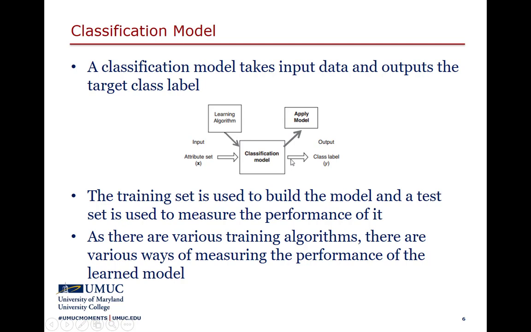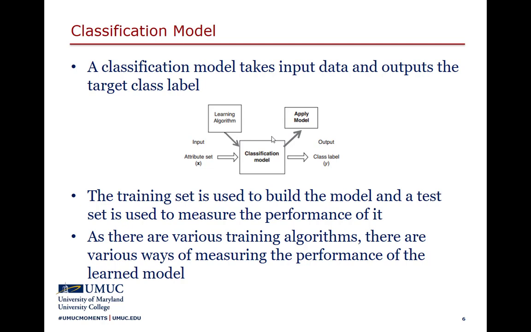In the case of prediction, you apply this model to future cases that don't have any label, and the output, the prediction of the category of that class or target variable, will be the application of the model, right? So that is what is involved in general in training a learning model or a classification model.